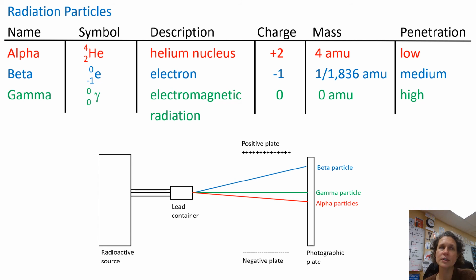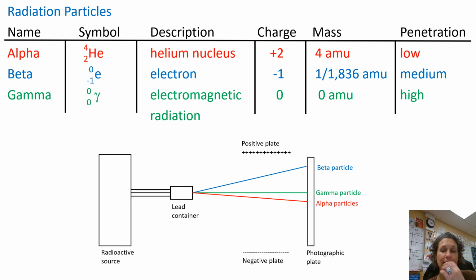Alpha particles are blocked by your clothing. It's one of the reasons that you get a tan line when you're out in the sun and you end up getting a sleeve tan because of your shirt. So these are not considered super dangerous. You're exposed to them all the time, but they're easy to contain.